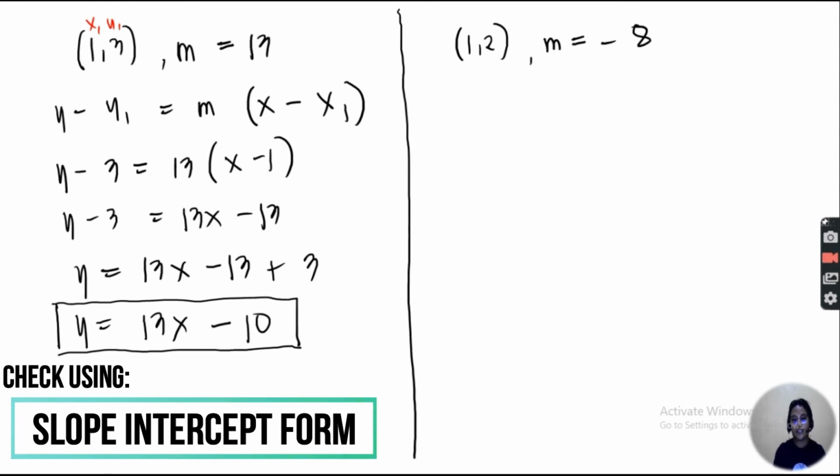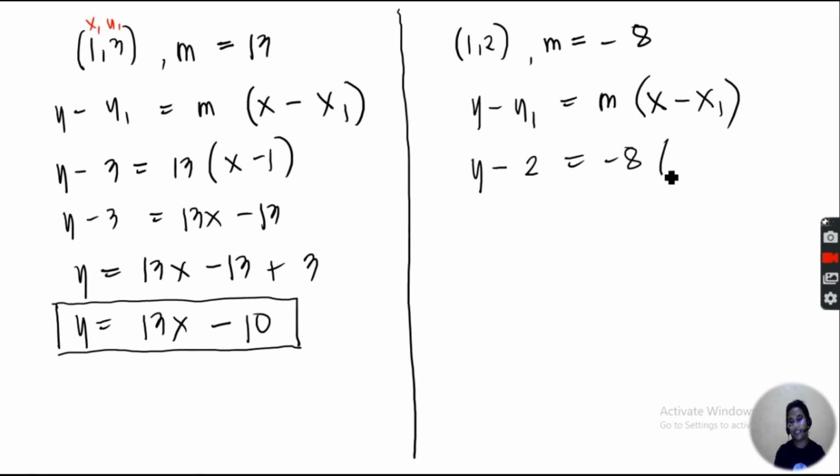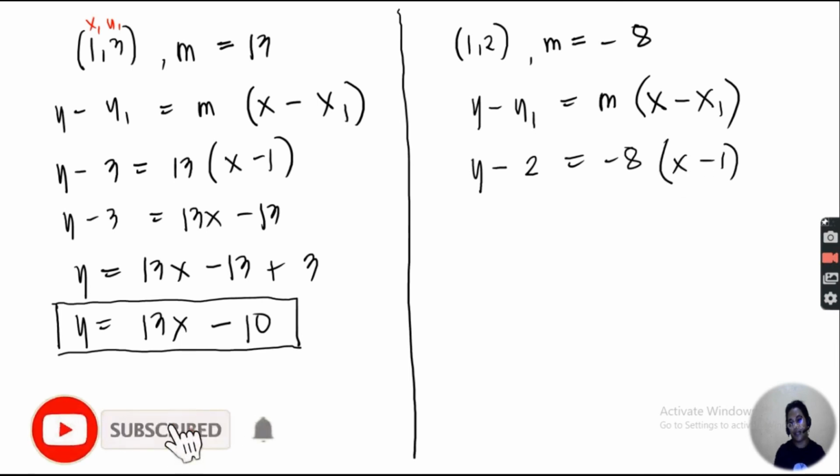So, using the point (1, 2) and the slope negative 8, we have y minus y sub 1 is equal to m times the quantity x minus x sub 1. So, using the point (1, 2), we have y minus 2 is equal to negative 8 times the quantity x minus 1.